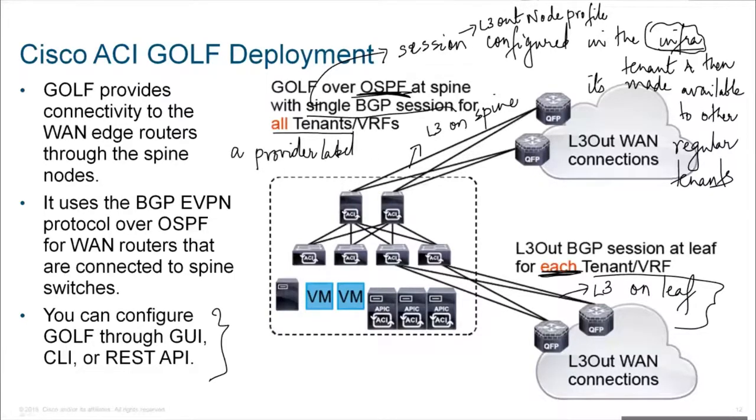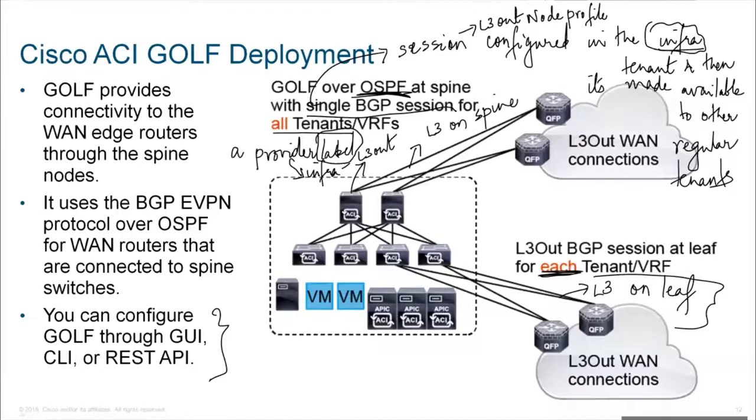When I do a layer 3 out in the infrastructure, there's a field on the layer 3 out where you would provide a label saying it's the provider for your routing updates. You put a label on it.